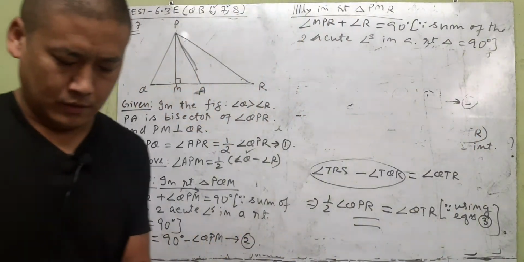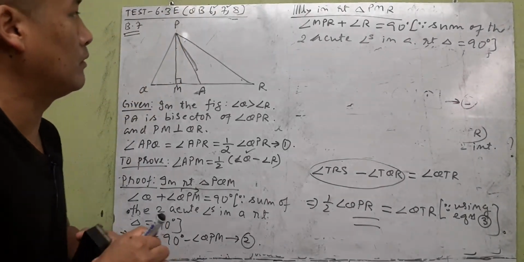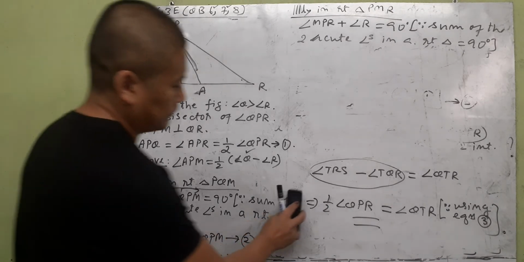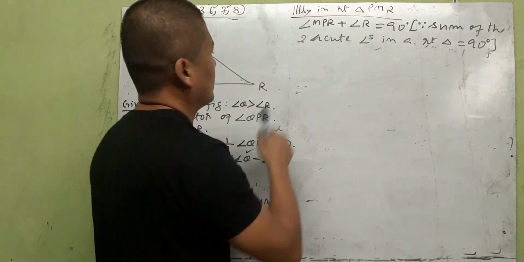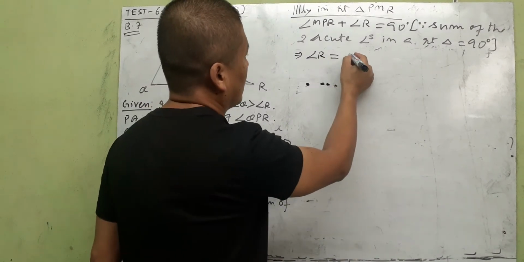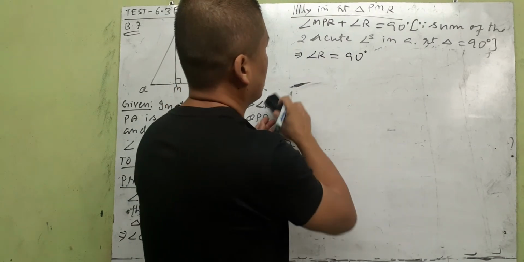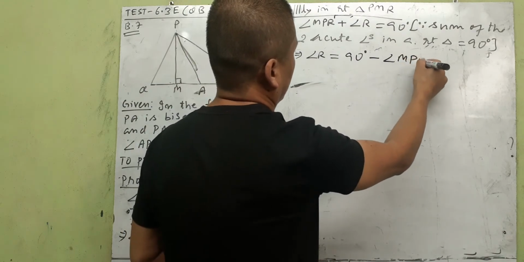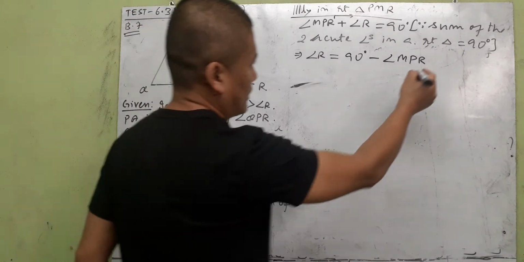Okay, so let us do that. Now next, once we're through with that, the shift like we did it, angle R we need, so we don't touch that, equal to 90 degree, then we shift this one, minus angle MPR. So just simple as that. Now here, let us put this one as equation number 2.